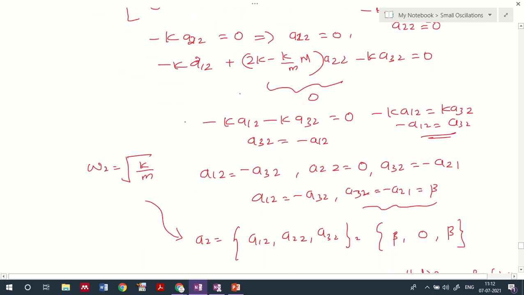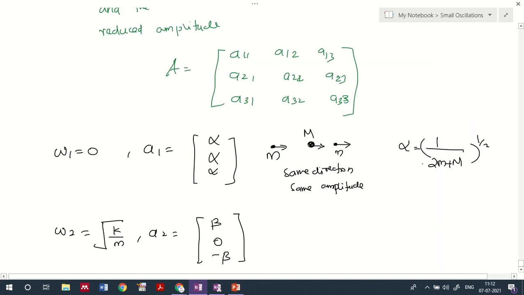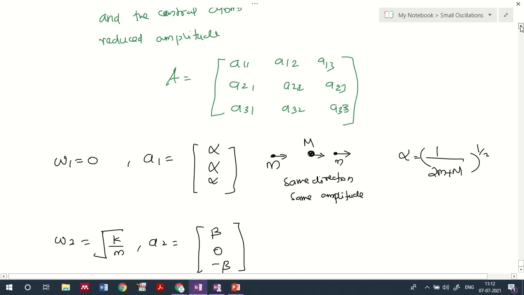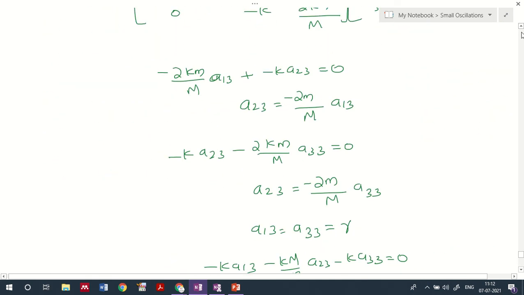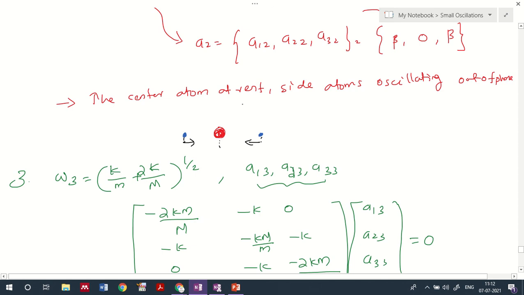There is a minus term here in this equation, so let me keep it there.